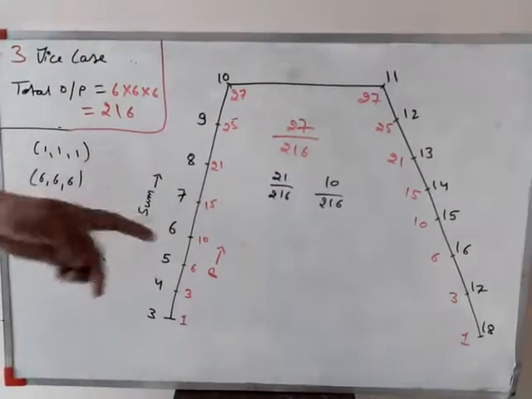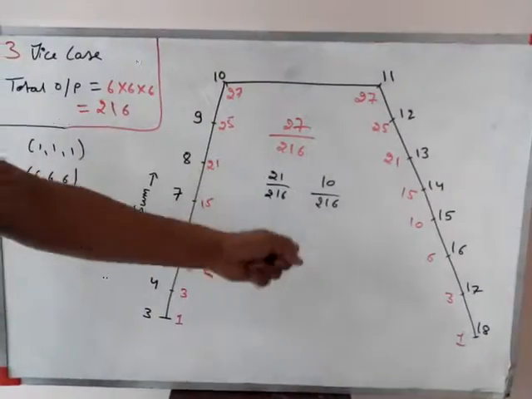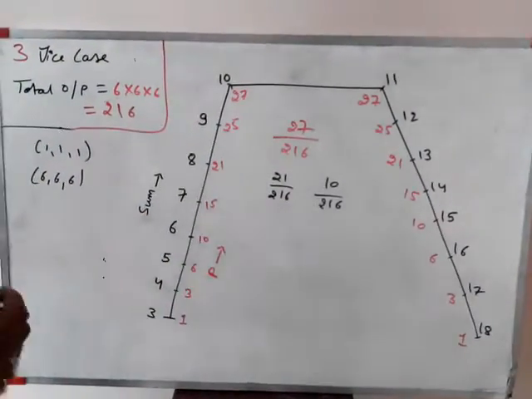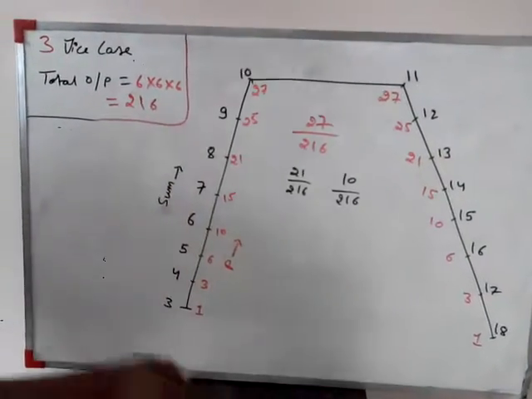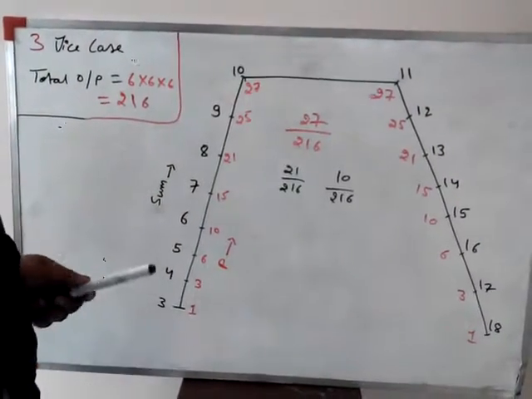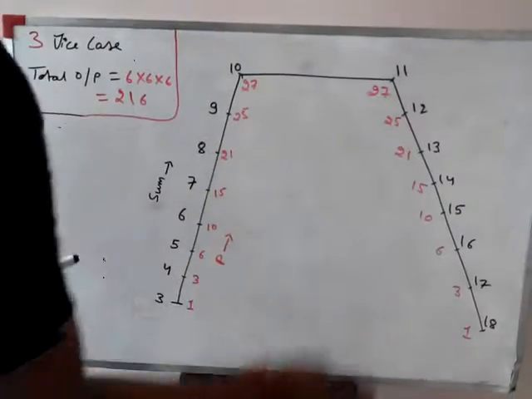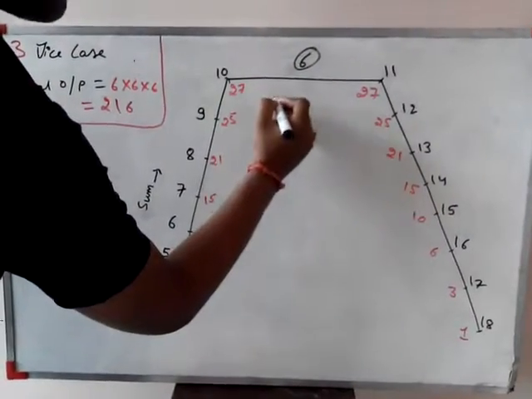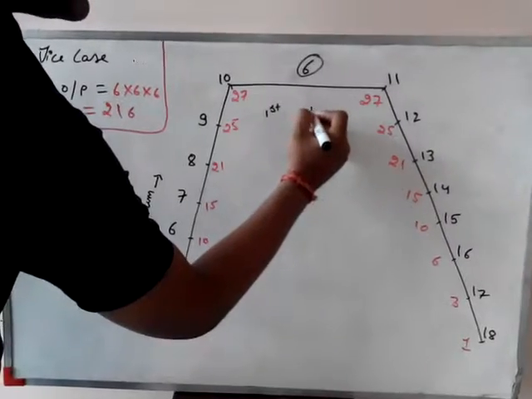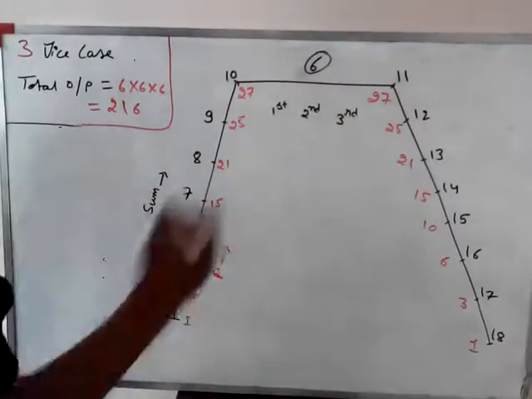Right? Now let us check whether these answers are correct or not, right? So I am taking a case of 6. What is the probability of getting the sum as 6 in the throw of 3 dice? I want to get a sum of 6. So suppose this is the outcome of my first dice, this is the outcome of my second dice, and this is the outcome of my third dice.